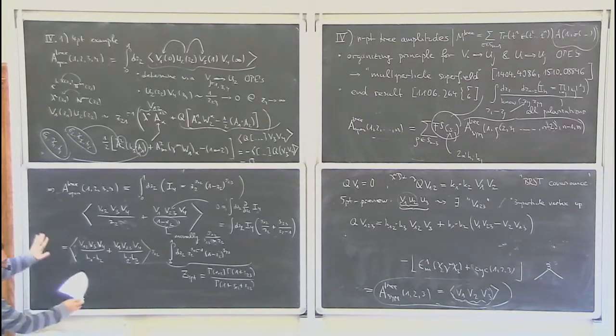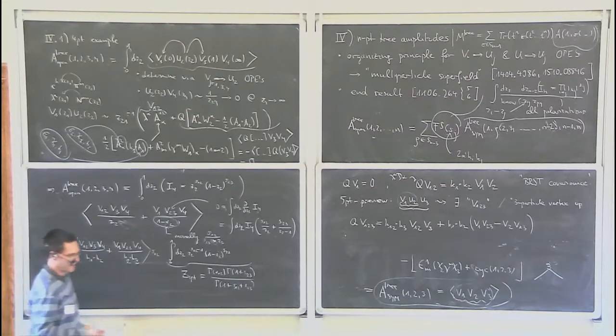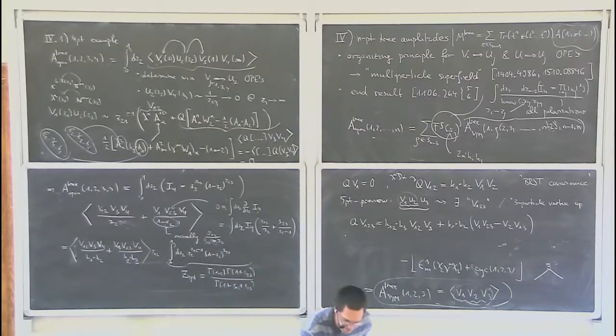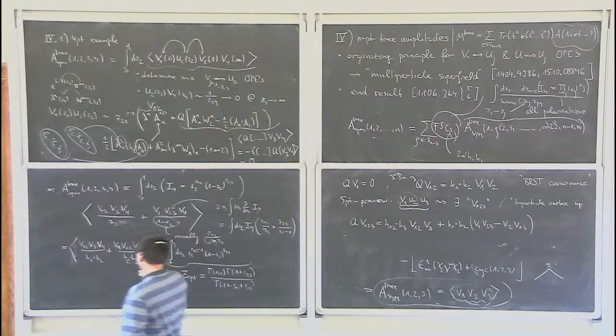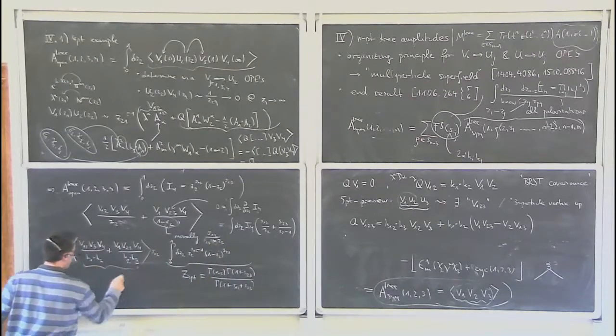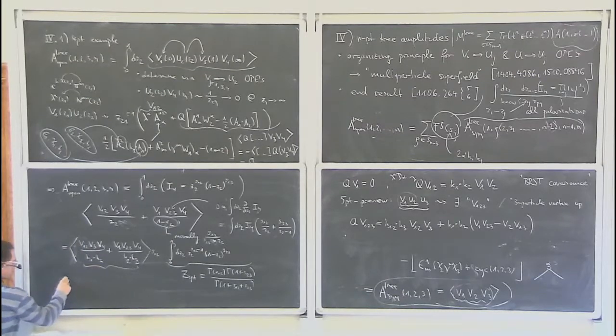Yeah, sorry, just very cheap algebra happening here. But the reward for these kinds of moves is the following. What we have inside the angular bracket is a BRST invariant expression.